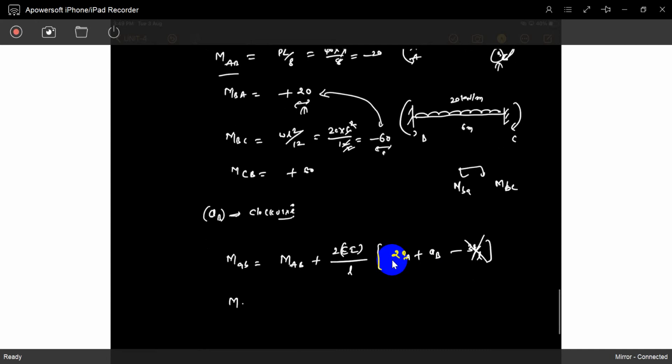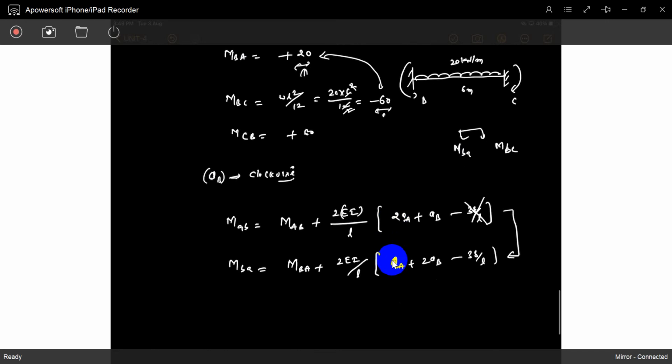And also MBA is the fixed end moment plus 2EI by L, theta A plus 2 theta B. That's it for AB span.